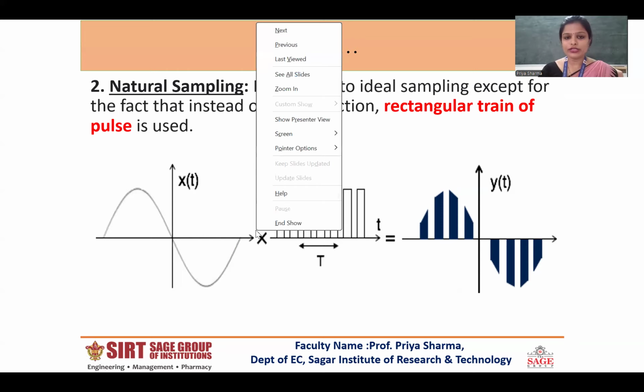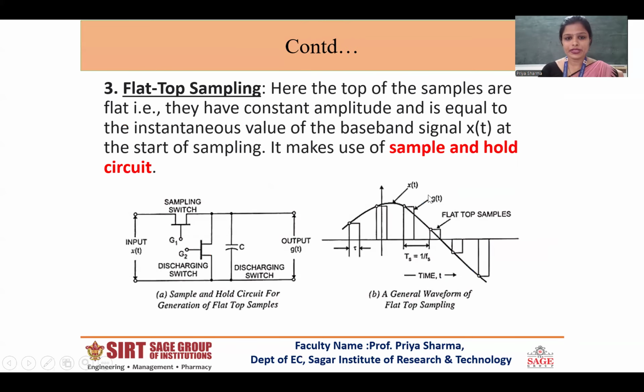Now coming to the third type of sampling, the flat top sampling. Here the tops of the samples are flat. That is, they have constant amplitude equal to the instantaneous value of the baseband signal at the start of the sampling. It makes use of the sample and hold circuit. How this circuit works, let me explain. Firstly, as the name suggests, it is flat top.